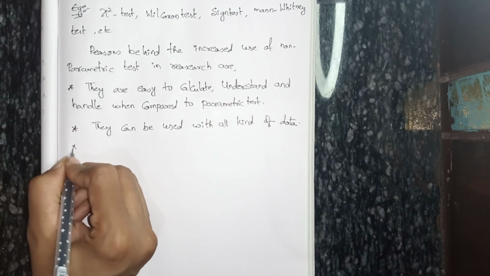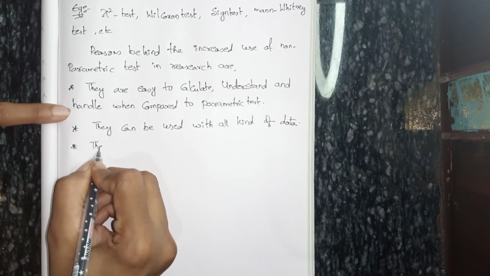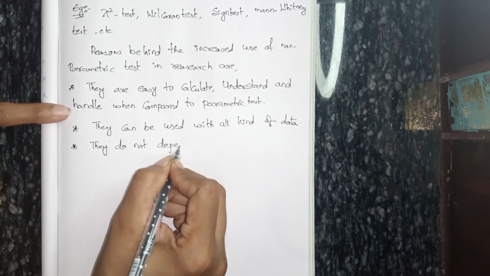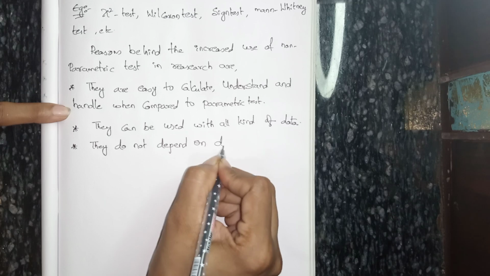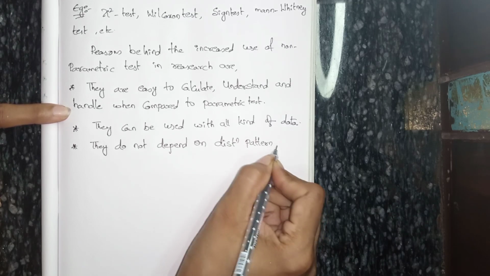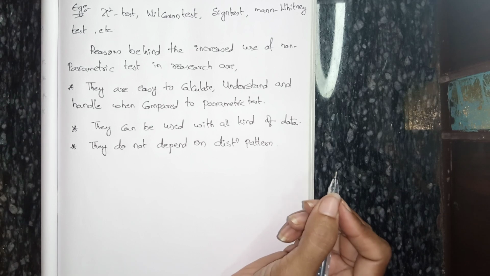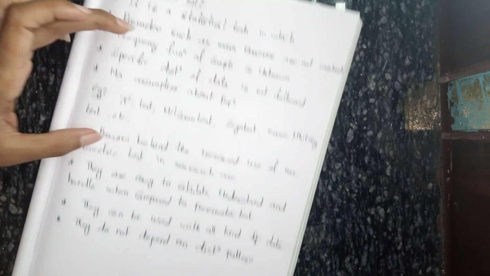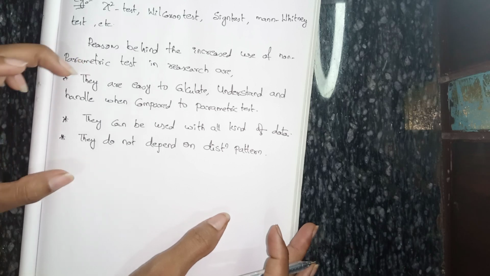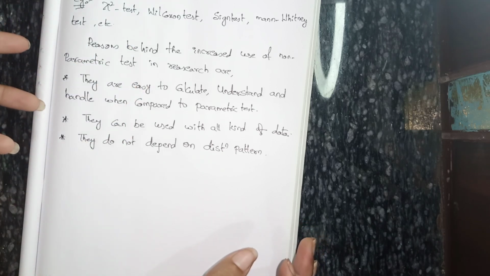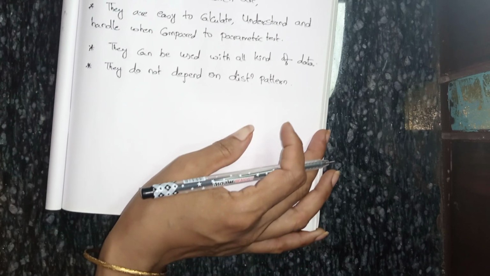And the next is they do not depend on distribution patterns. They do not follow any distributions, so they do not depend on any distribution. Whatever we have discussed here, we just write in the form of reasons. That's it.